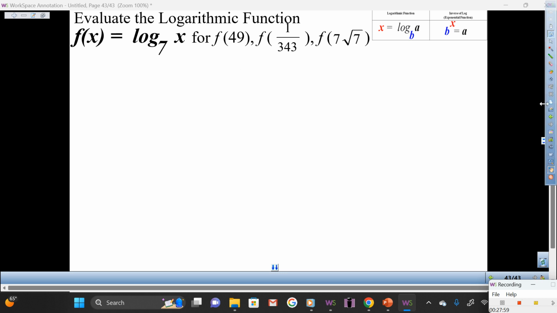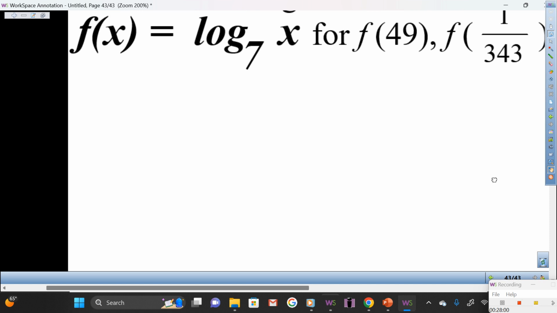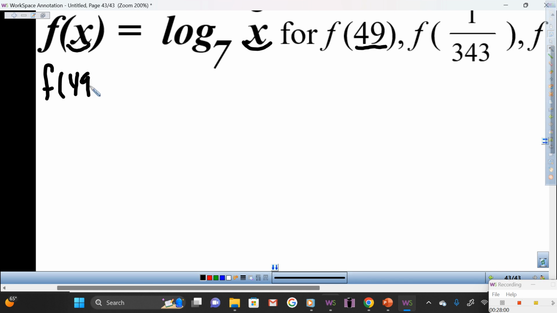So let me zoom in. Here we go. So first things first. Instead of x, what am I going to write? 49. So this is f of 49.